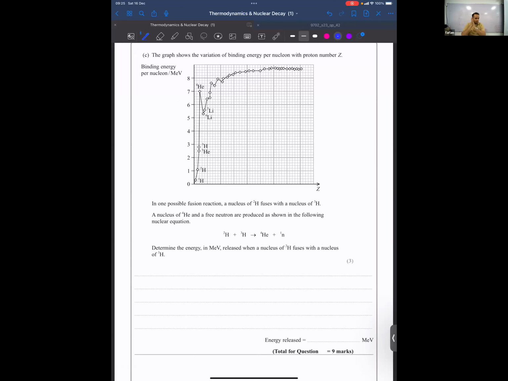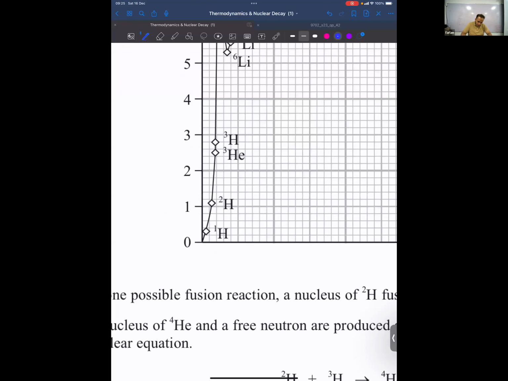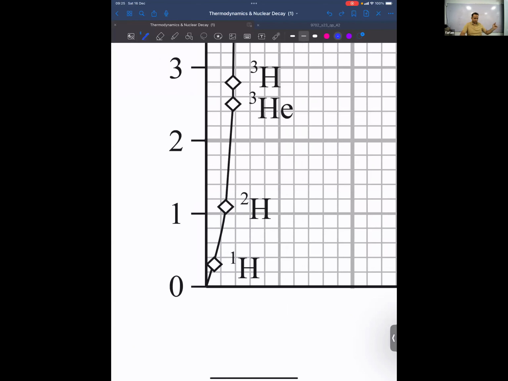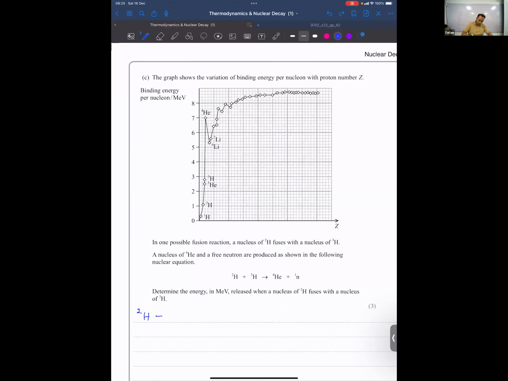Guys, now stop and look at the screen. Let me do it. Now what we have is binding energy per nucleon values. So if you take the hydrogen 2, it has a binding energy per nucleon of 1.1 megaelectron volts.